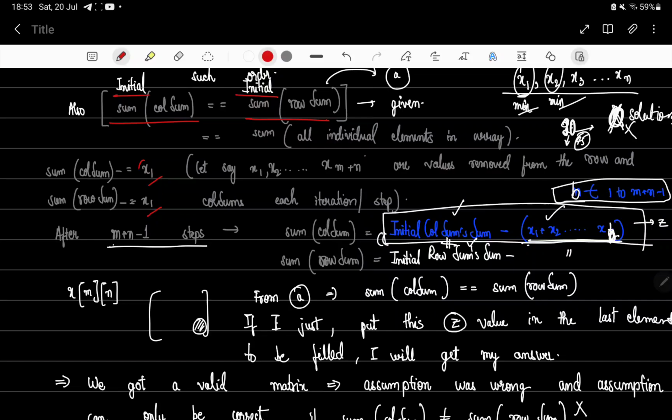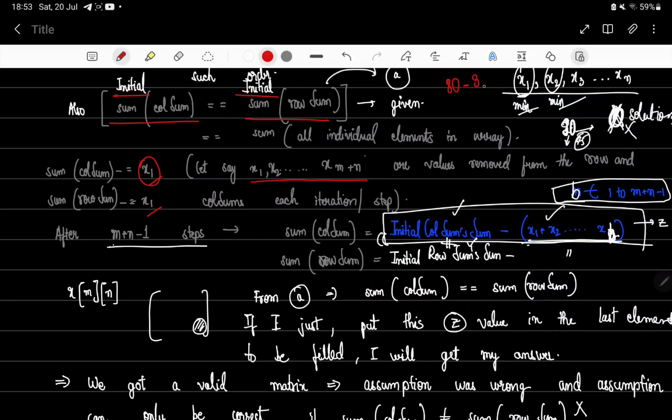Now x1 plus x2 plus x3 up to xmn: if we are taking only the minimums and subtracting them, then at each step, suppose the total sum was 80, we will be removing some value from this only.